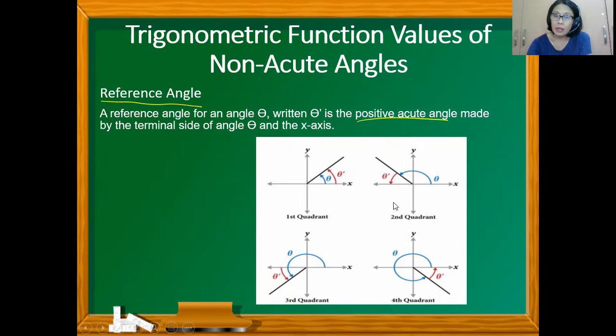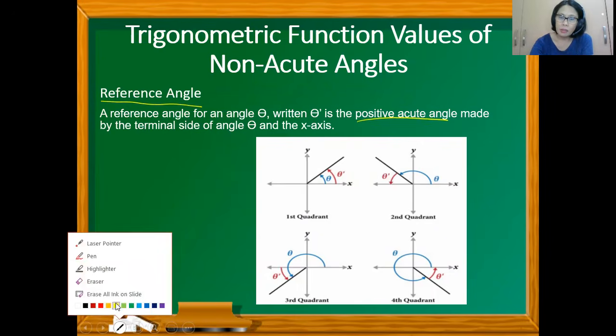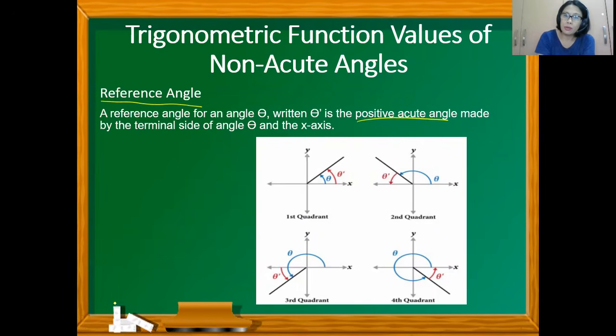If the terminal side of angle theta is on the second quadrant, this will be the reference angle. So how can we come up with a formula that would calculate the reference angle whenever the terminal side of theta is in quadrant 2?